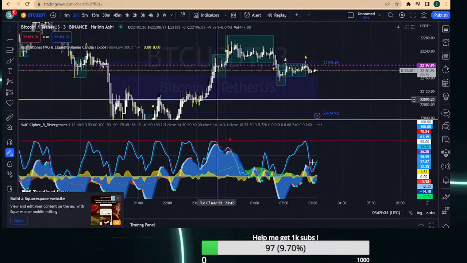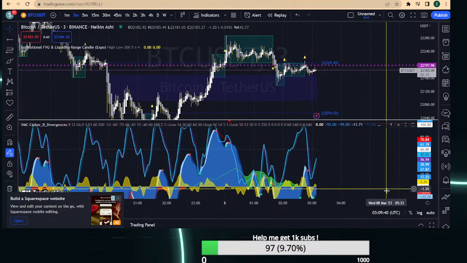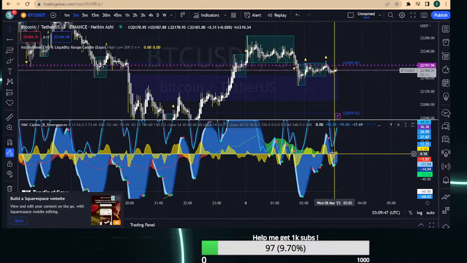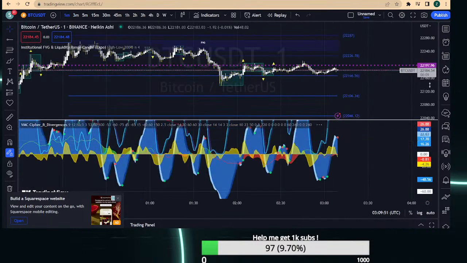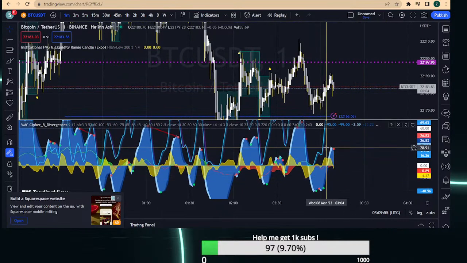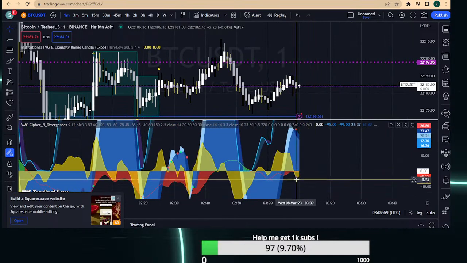So let's go look at the 3 minute. Stochastic's pinching up. The money flow's coming down. We get a buy order, but it looks like it wants to pinch because the money flow's coming down. VWAP's coming down as well. So let's look at the 1 minute. We're getting a sell, VWAP's down. Let's zoom right into the money flow.